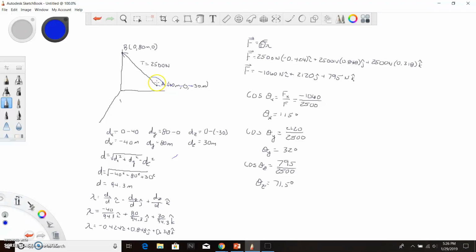So 115 degrees sounds right. Now we want it with the y-axis, so from the positive y-axis. If I go up like this, yeah, I'd say that's about right. And the positive z-axis is right here, and that is this angle, theta z. That's definitely less than 90. So I'd say that those make sense.